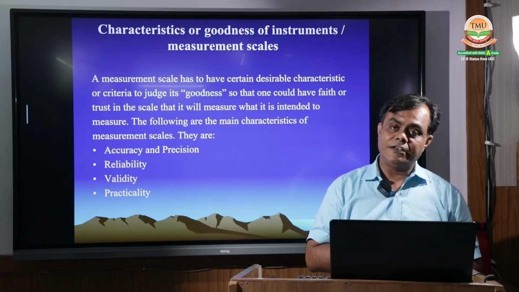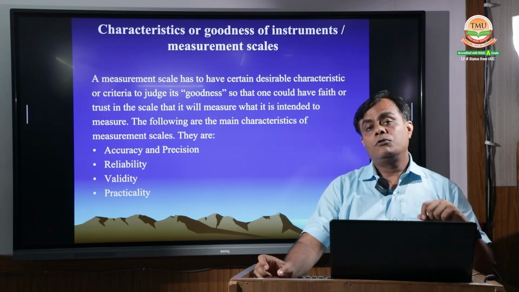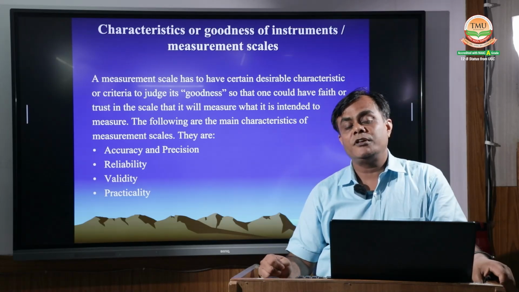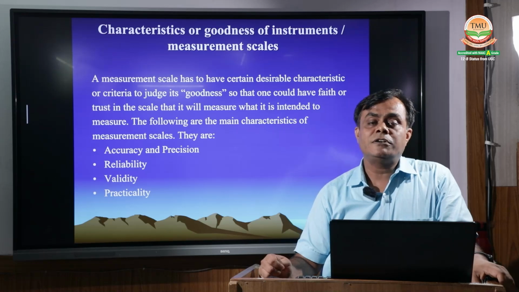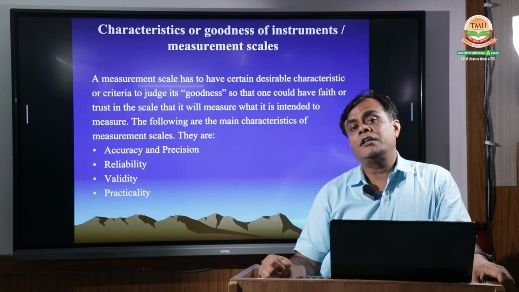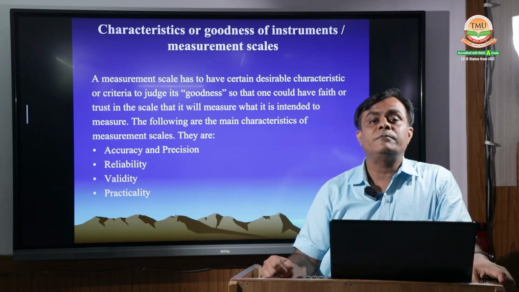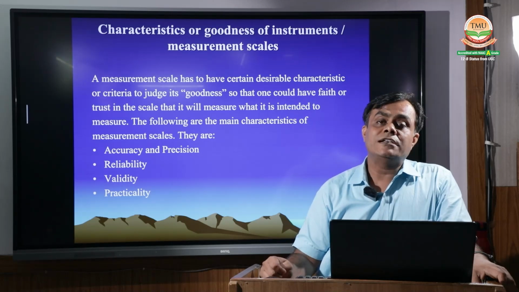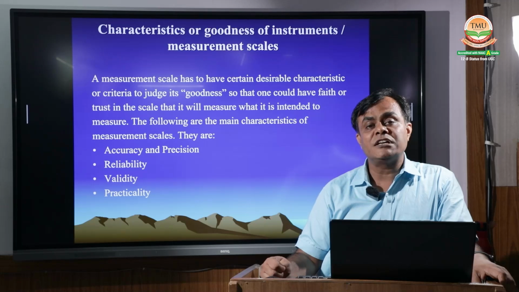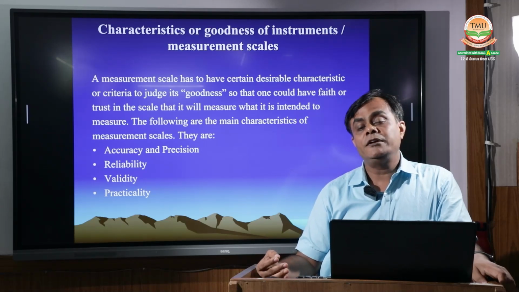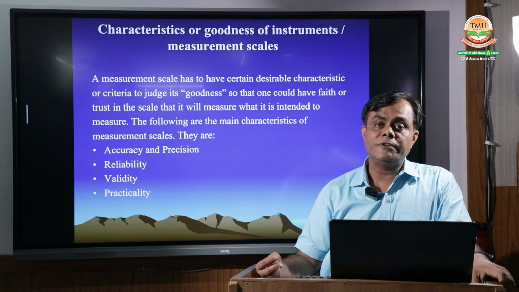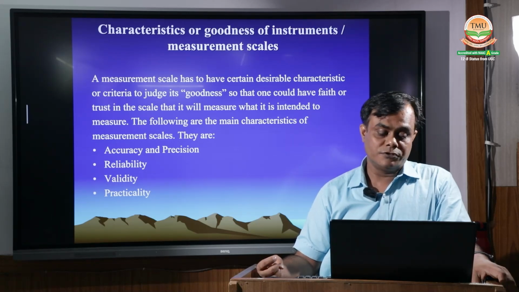Third one is validity. Validity is an important part when you are using measurement scales. Is that measurement scale creating validity, and is it significantly accepted by others or not? So acceptance is also important. By increasing the acceptability, you can increase the validity of such measurement scales and measurement tools.